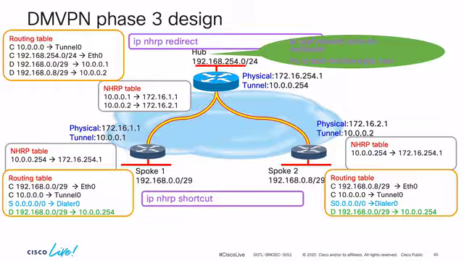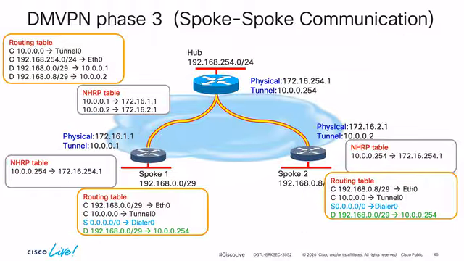Let's see how spoke-to-spoke communication happens in phase 3. Let's say that we have a network behind spoke 1, which is on the 192.168.0.0/29 subnet, and a device behind spoke 1 wants to communicate to a device behind spoke 2 on the right. Based off the routing table, the packet is going to be forwarded to 10.0.0.254.